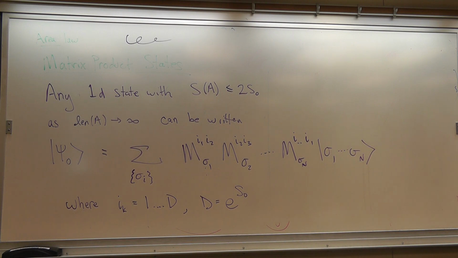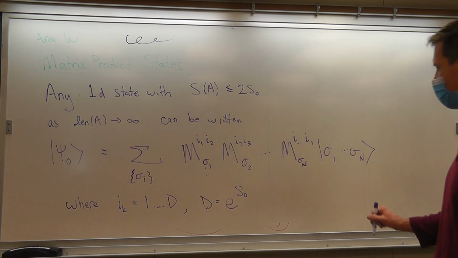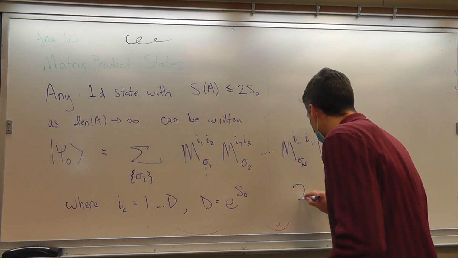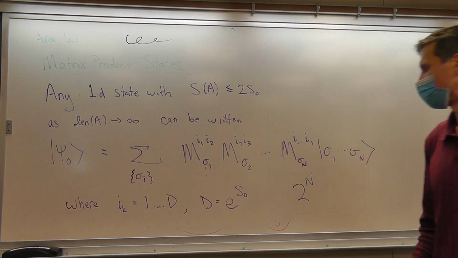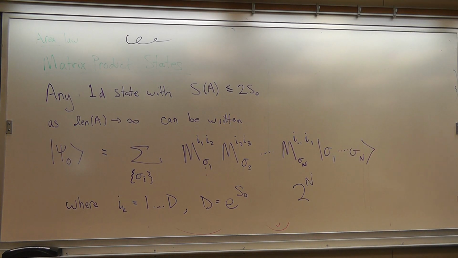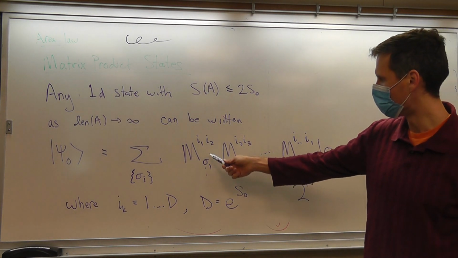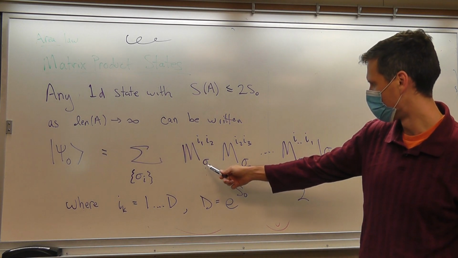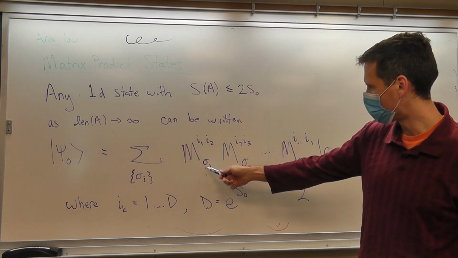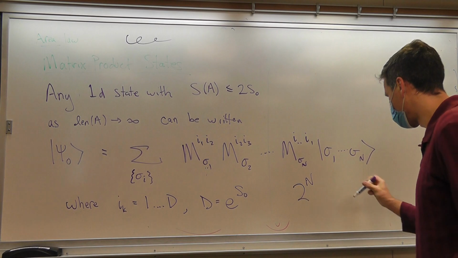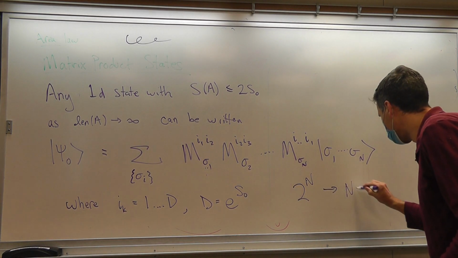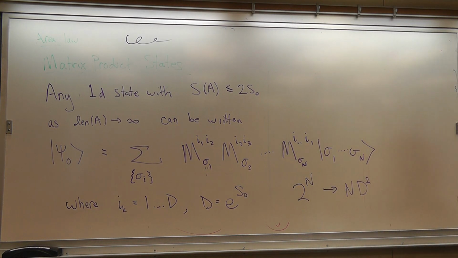Okay, so what's the advantage of this? The advantage is that we went from having 2 to the n complex numbers in a totally general wave function to having, in this case, n matrices each with D squared numbers, so this has become n D squared.